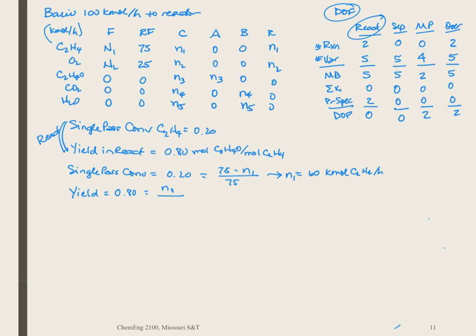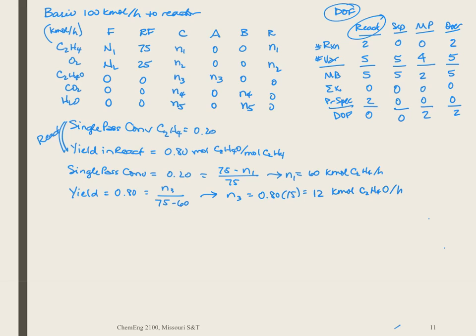It's not the traditional. So always read the units very carefully. So the C2H4 that was consumed in the reactor is going to be 75 minus N1, which in this case we just found was 15. And so therefore N3 is 0.8 times 15, which is equal to 12 kilomoles C2H4O per hour. So I found N1 and N3.